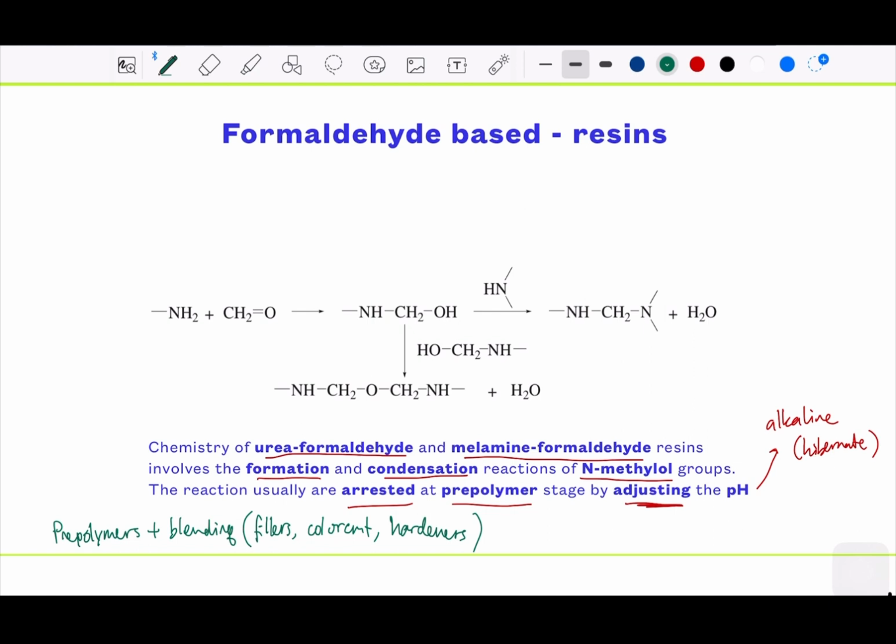And the hardener is usually ammonium sulfamate. That will react, and of course it will give acid, and it will be condensed into this long chain polymer.